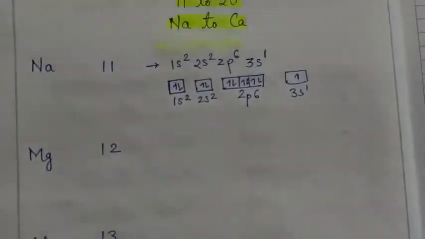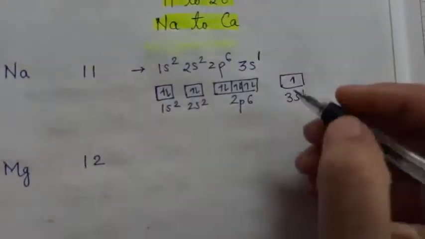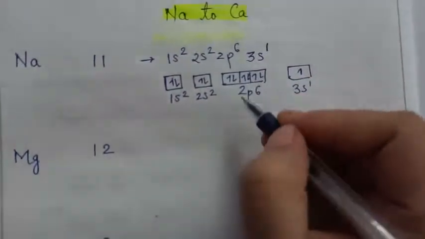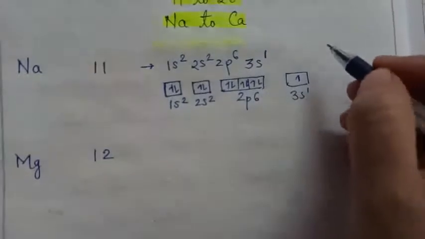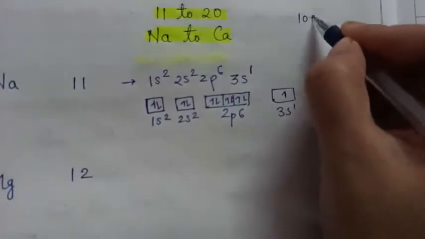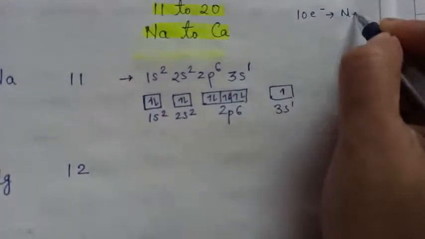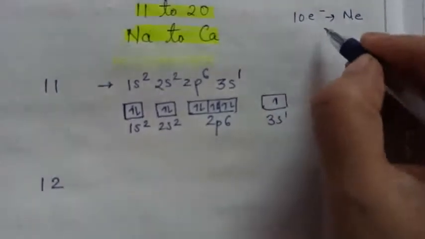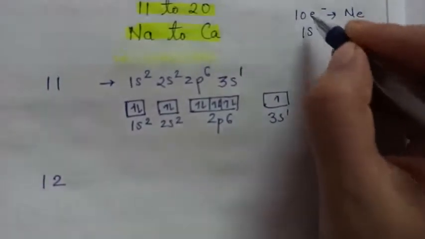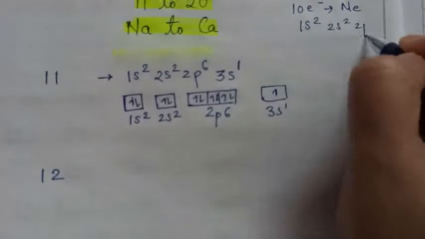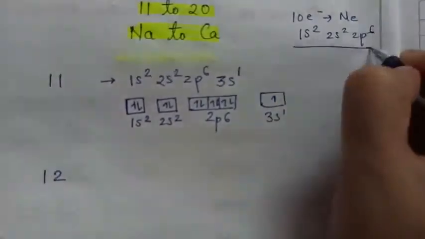Now here comes one more way of writing of configuration. You very well know 10 electrons represents neon gas, and for 10 electrons 1s2, 2s2 and 2p6 is the configuration.